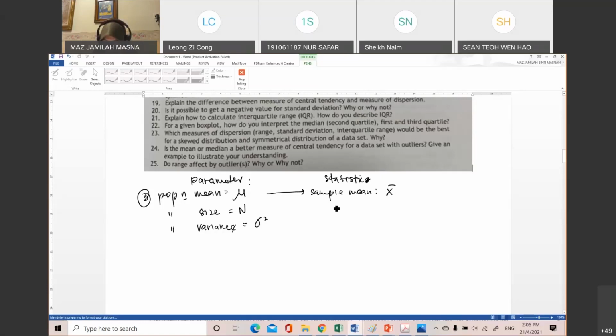If you are talking about sample size, we are talking about n. If you are talking about sample variance, we are talking about S squared. So these are all about parameter and statistic. The representation of your numerical summary will show whether it is parameter or statistic.